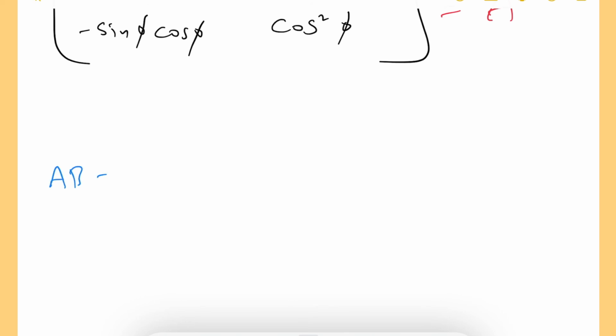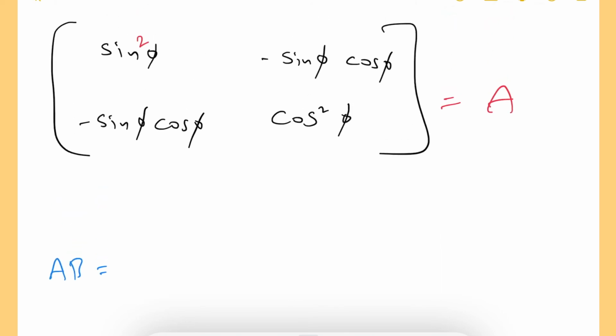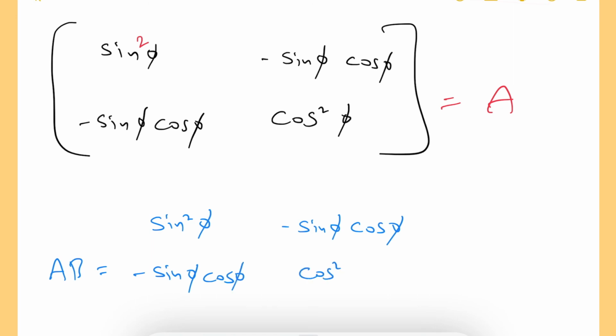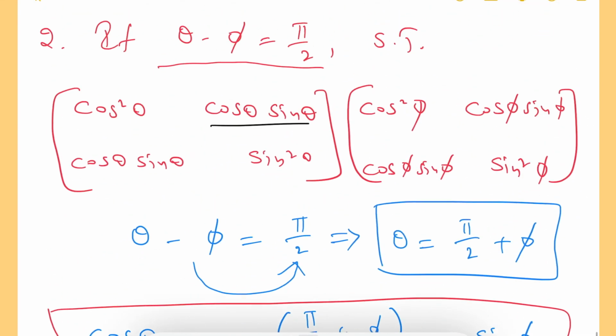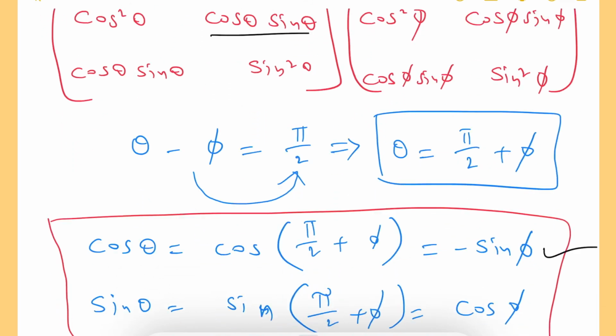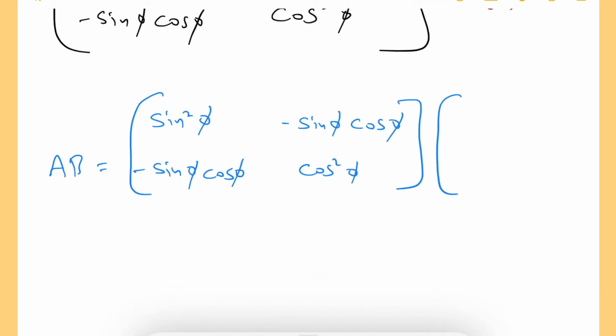The A value we got is sine square phi, minus sine phi cos phi, minus sine phi cos phi, cos square phi, into B, which is the second matrix: cos square phi, cos phi sine phi, cos phi sine phi, sine square phi.